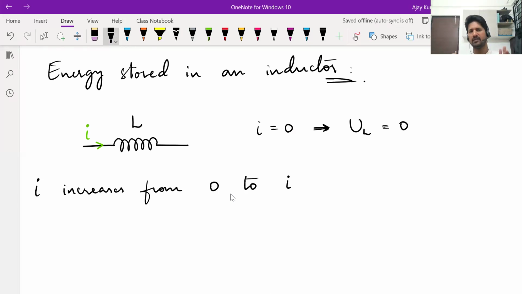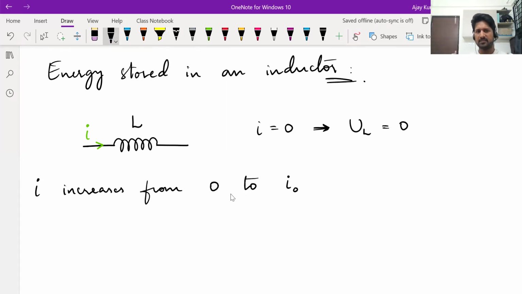That is how we get the final energy stored in the capacitor. Similarly, in an inductor, we'll assume there is no current initially and assume the current is increasing gradually from 0 to a final value of I, or you can call the final value I naught also, just to avoid confusion.